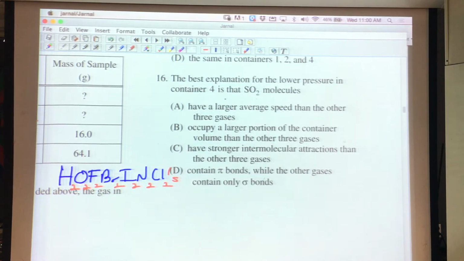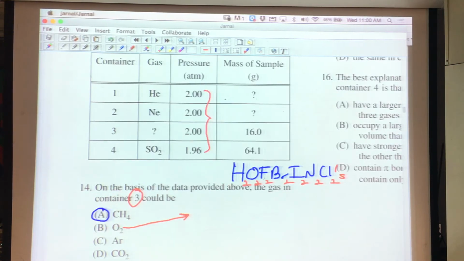Okay, 16. The best explanation for the lower pressure in container 4. Now, look at this. Why would container 4 have a lower than expected pressure? They're keying on something that the other tests have not, that could pop up. You need to understand something. Say I ask a student, Tahira, to go to the printer.